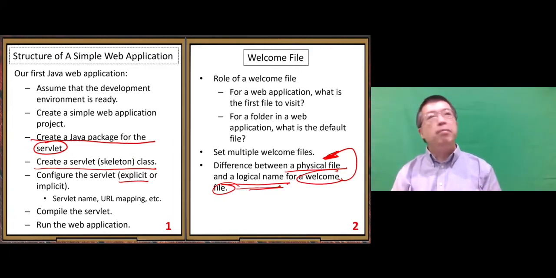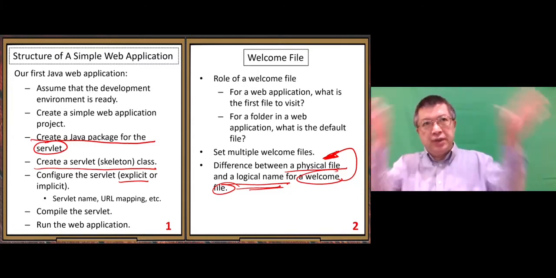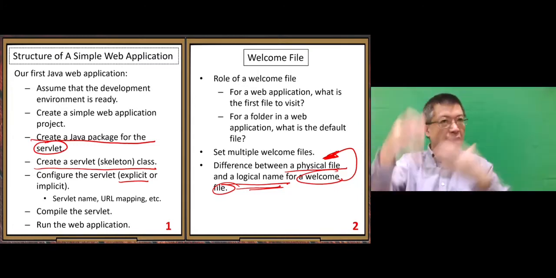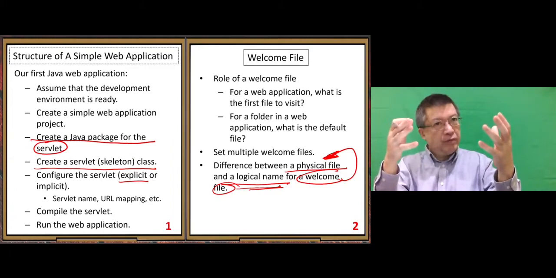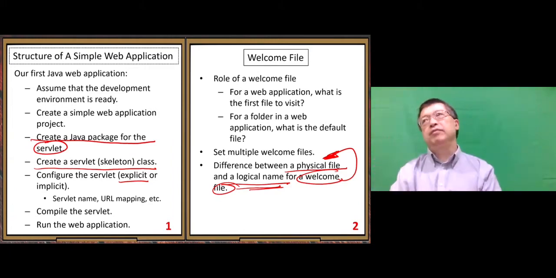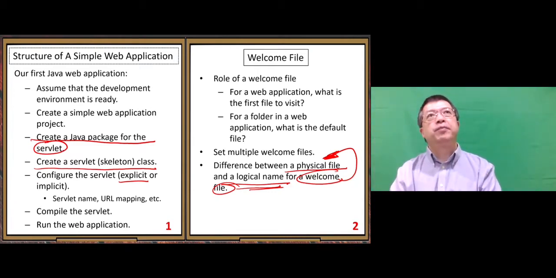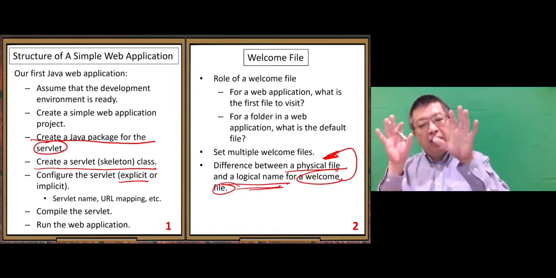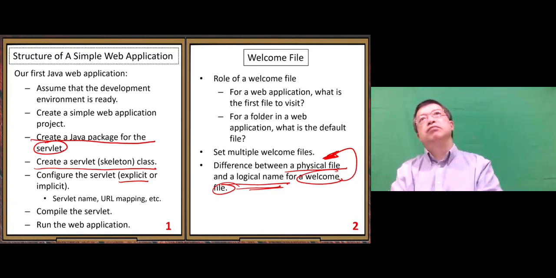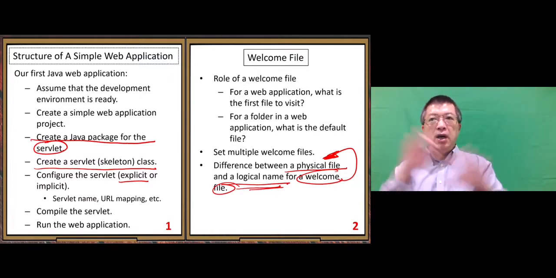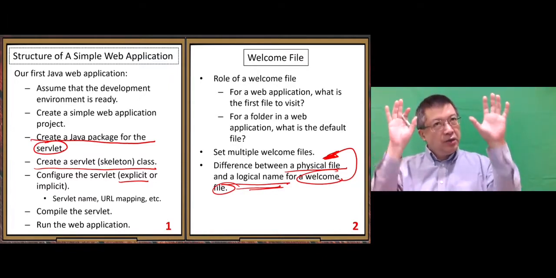So we need many rounds of discussion of the same topic, for example this welcome file. Here is our first view of this topic, so definitely a lot of things we cannot understand completely. We need to look at this topic several times to get a good understanding. All right, so now let me do the demo.